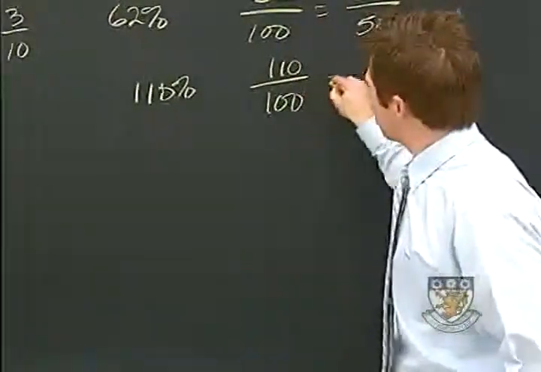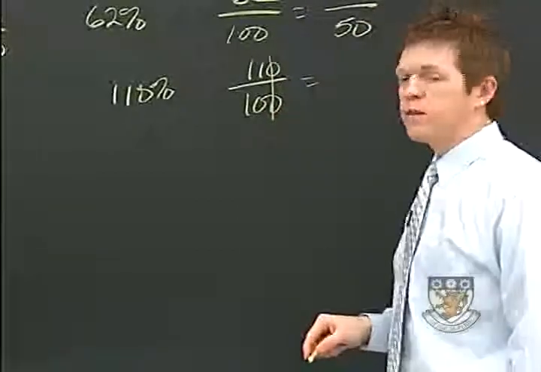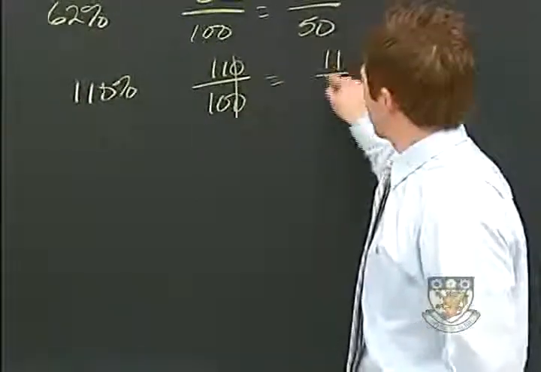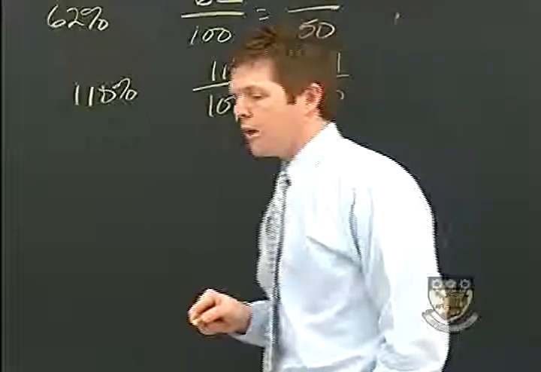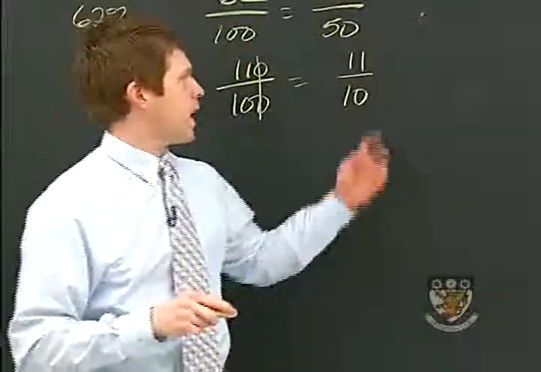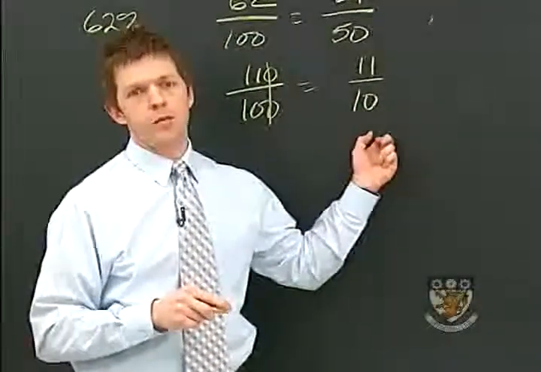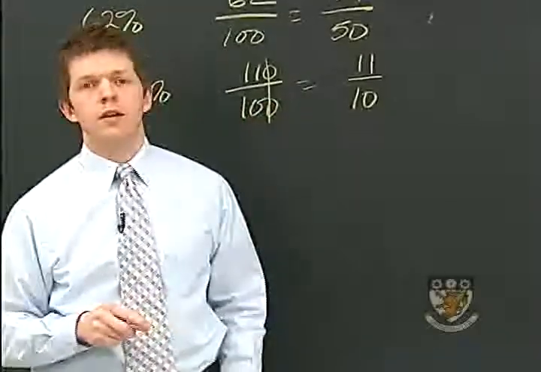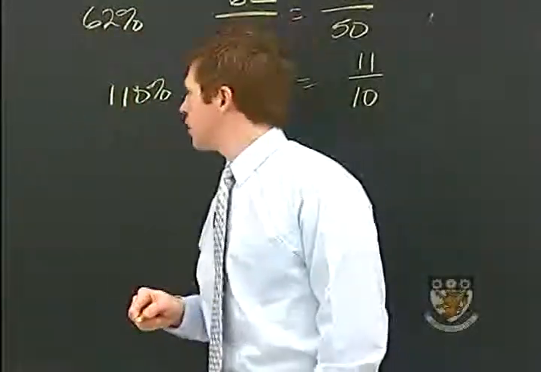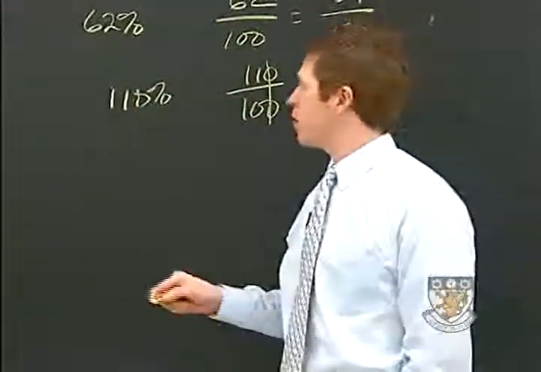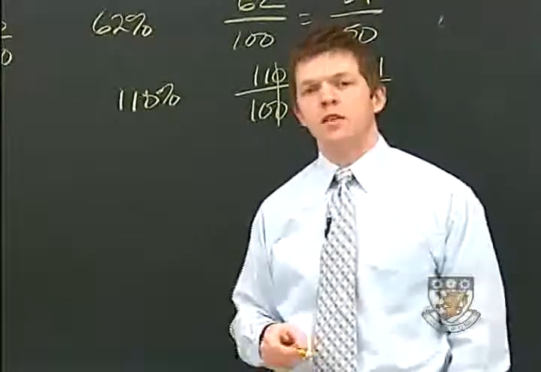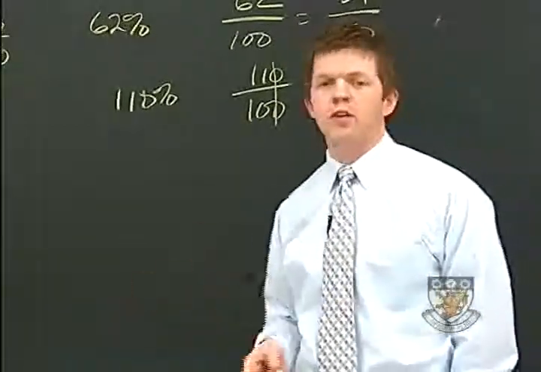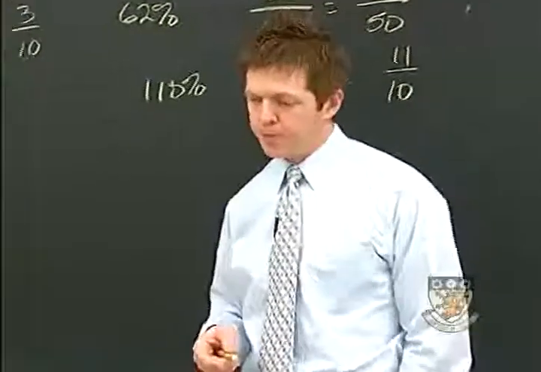We reduce to the simplest terms, cross those zeros out, and we end up with 11 out of 10. Now, in real life, you can't actually have something happen 11 out of 10 times. That's impossible. But there are situations where 110% is actually achievable, but not in physical effort. That's mainly what I'm referring to.